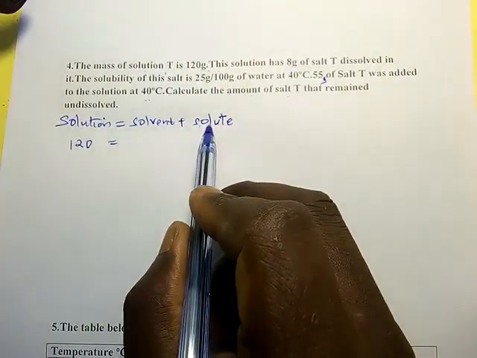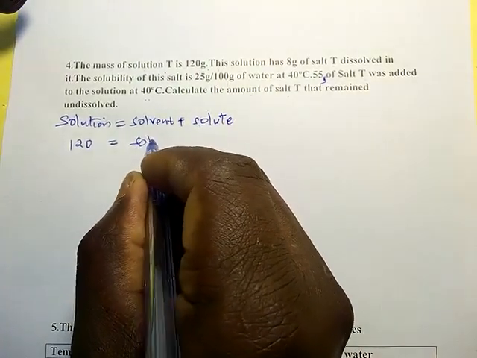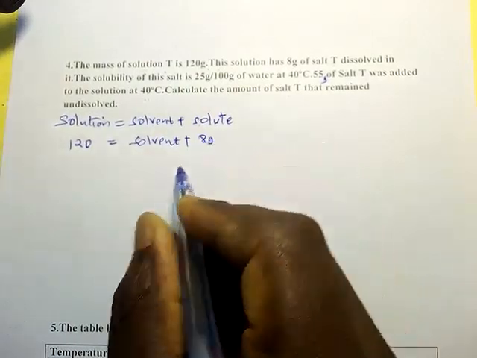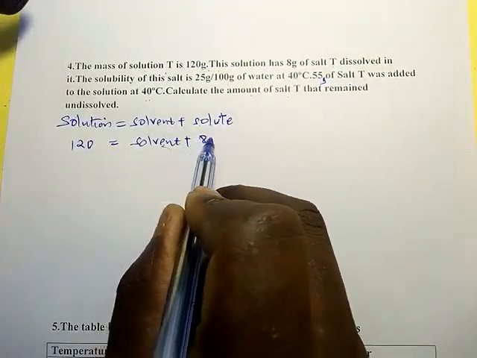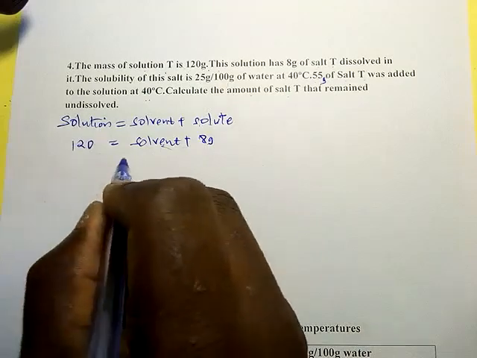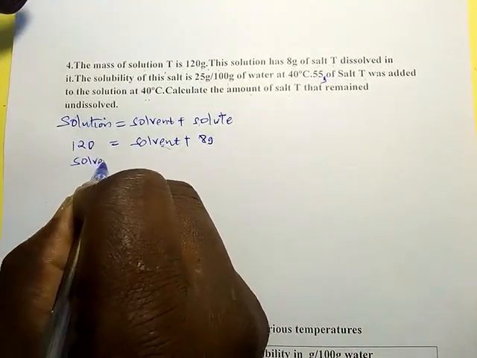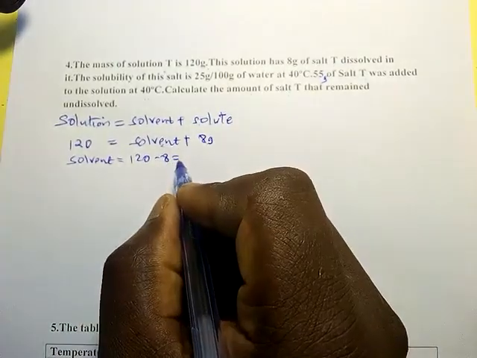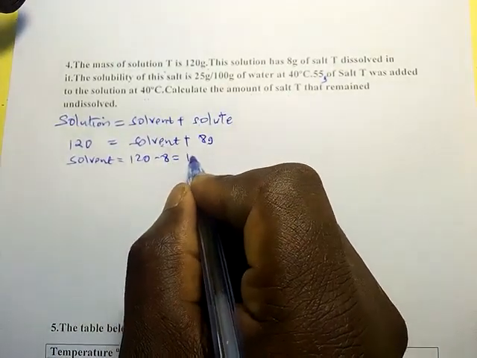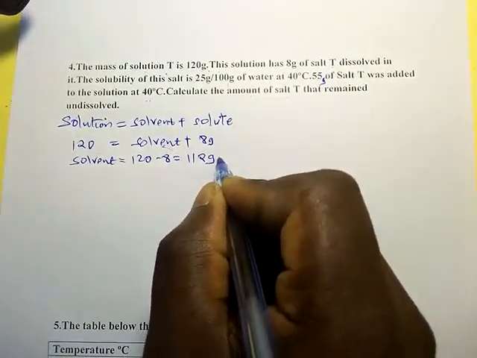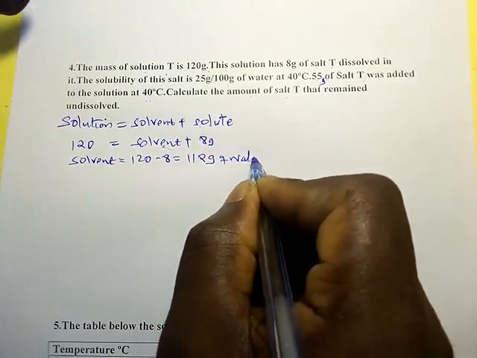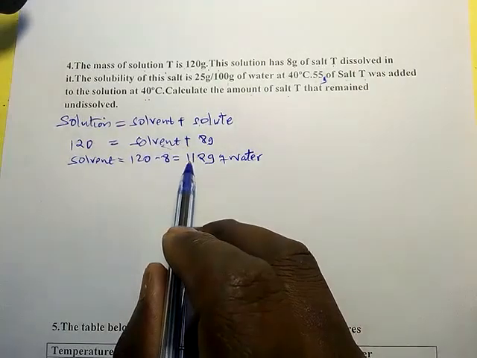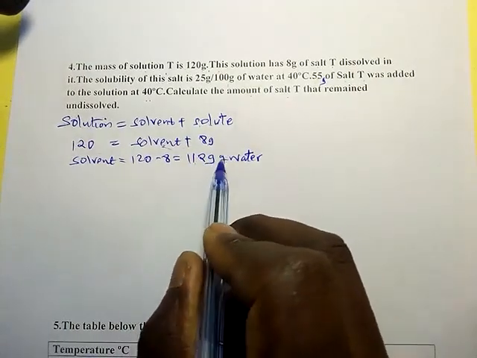So we have the solute of 8, now the solvent we don't know, plus 8 grams. Now we can get the solvent by itself. So that is solvent equal to 120 minus 8, and that is 112 grams of water. Very good. So we have 112 grams of the solvent.